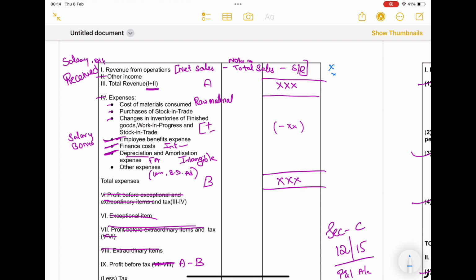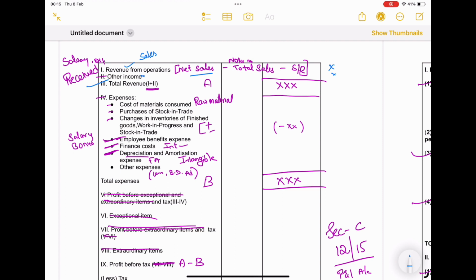If you want to add, you can give 11. If you don't want, you can write it directly. Majority of the time there will be no other income in your question. So for that purpose we don't need to write the note number. And for revenue from operations, they will give the sales value directly. 70 to 80% of the time they will give it directly. Sometimes they'll mention it like this. So no need of note numbers for this revenue part.